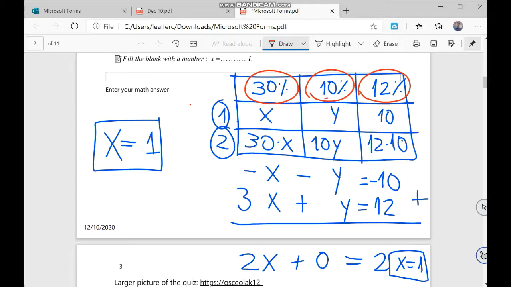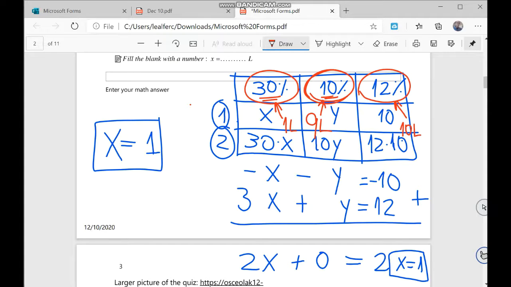It's just a little bit more than 10 and a lot less than 30. So you have to use more of this 10%, 9 liters, and less of the 30%, 1 liter, to make up 10 liters of 12%.